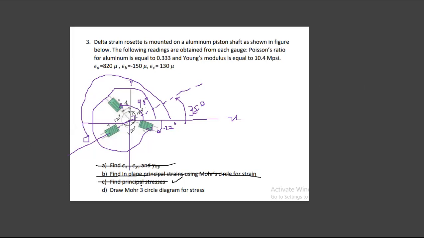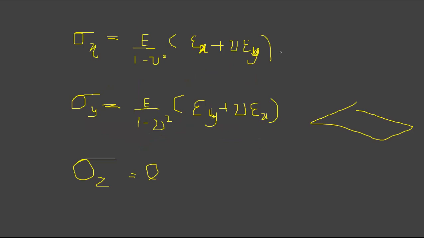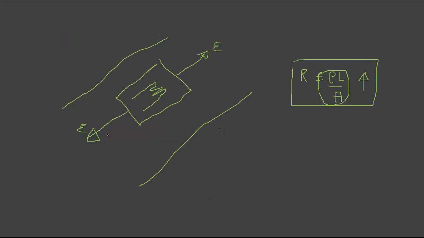From there you need to find the principal stresses. If you have the principal strains, you just need to plug in the values. There is this equation, and along that direction you have the principal stresses.